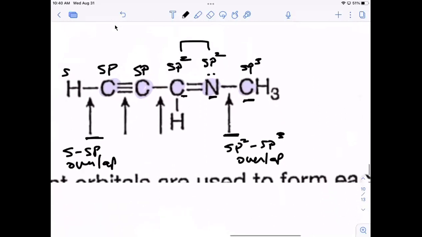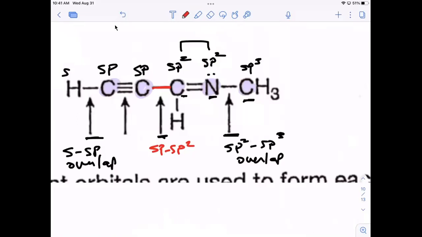What about here? It's this bond right here that it's asking about. sp and sp2 overlap. Good. Excellent. Now, what about the triple bond? There are 3 bonds in there. I'm sorry, 1 sigma bond and 2 pi bonds.